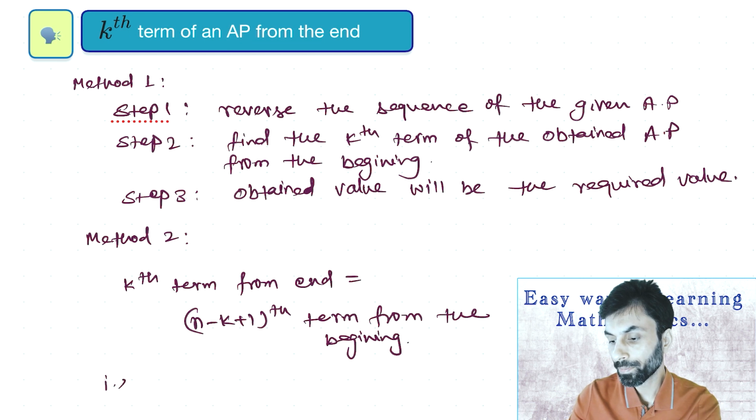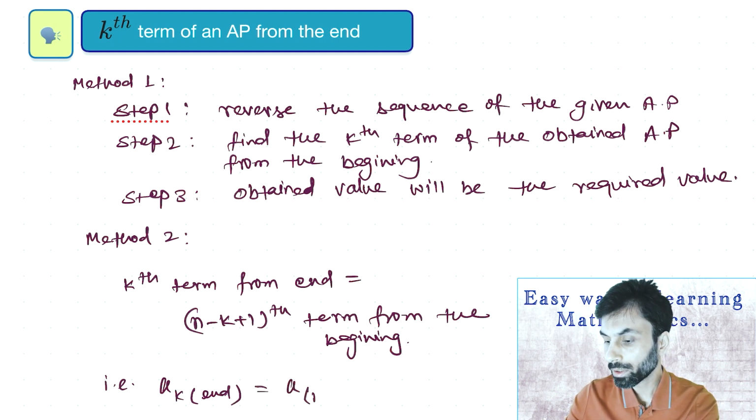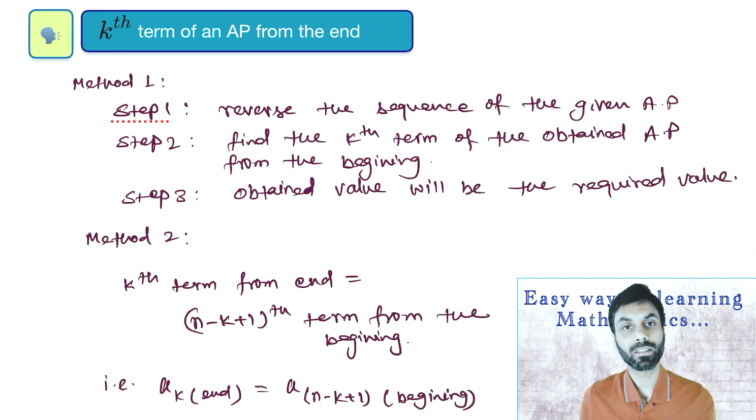That is, if you want to find the kth term from the end, it will be equal to a of the (n minus k plus 1)th term from the beginning. In this case, n represents the number of terms of that AP.